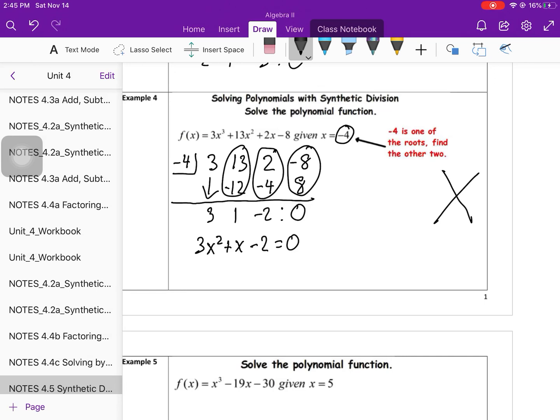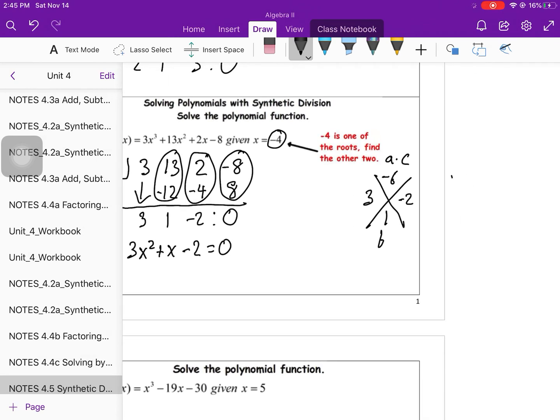So remember that the top is a times c. So 3 times -2 is -6. And then the b is +1. So factors of -6 that combine to make 1 are 3 and -2. Make our box off to the side here. We get 3x squared, and then -2, and then we use the sides, 3x and -2x.